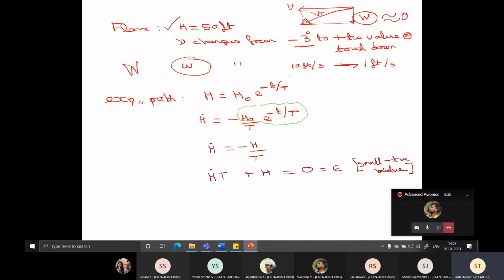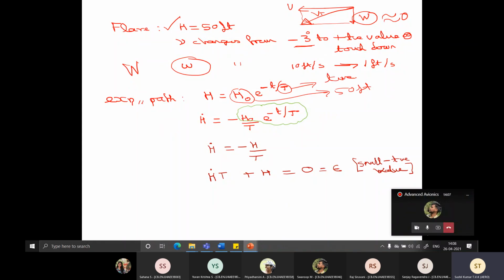Now, what we really require is this exponential flight path. Any exponential flight path can be described by this equation for height h. You start off with some initial height, in this case around 50 feet, multiplied by this exponential, and this capital T is the time constant.